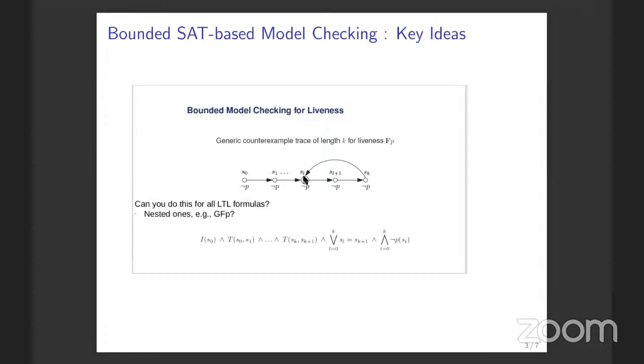A lasso shaped path means the only way you can make infinite paths is that after a finite tail, you repeat these things. But our specification language is such that it is enough to consider these kinds of paths. That is why I keep insisting that a counterexample to a property is always of this kind.